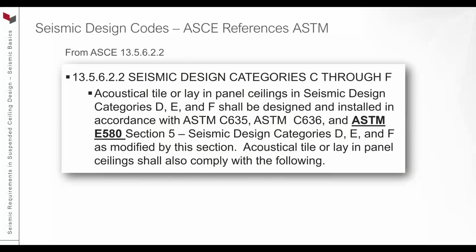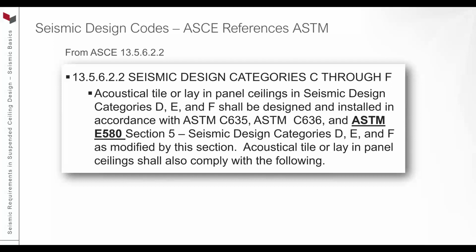And then the IBC transfers the requirements of ceilings down to the ASCE. So this transition comes across, and in the ASCE 13.5.6.2.2, we find that the responsibility for installation of ceilings does fall to the ASCE, but they are transferring that across to the ASTM.